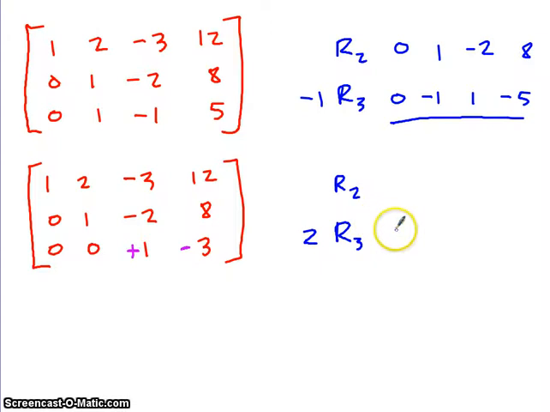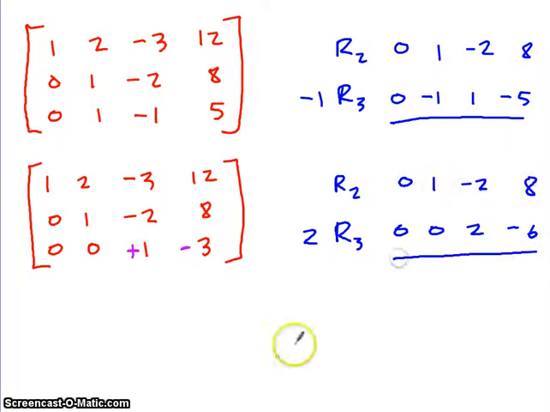Alright, so we have a 0, 0, 2, negative 6, and then row 2 we have a 0, 1, negative 2, 8. So we add down, and we have a new row substitution which we can make.